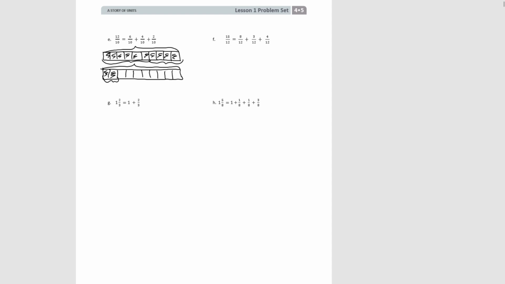Okay, pause the video and try F. For F, our 1 whole is now into 12 equal sized pieces. But we need 15 twelfths, so we need a second tape diagram.